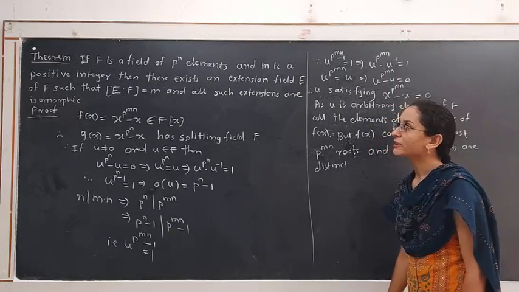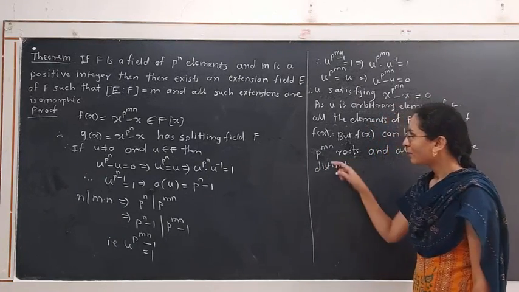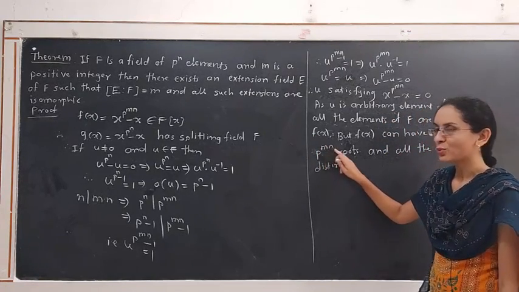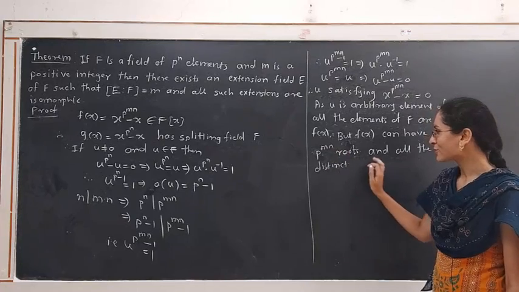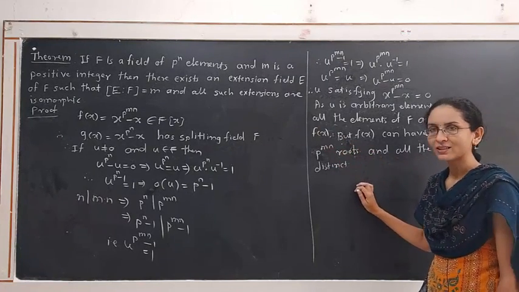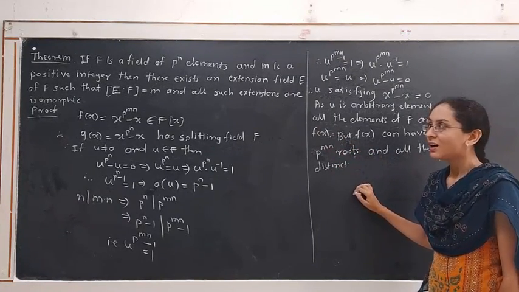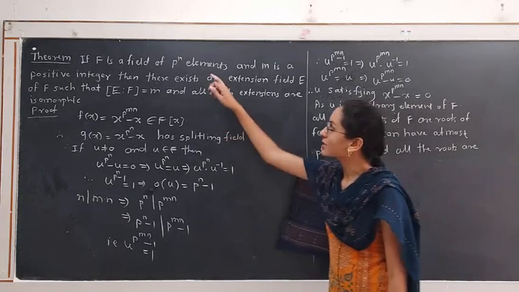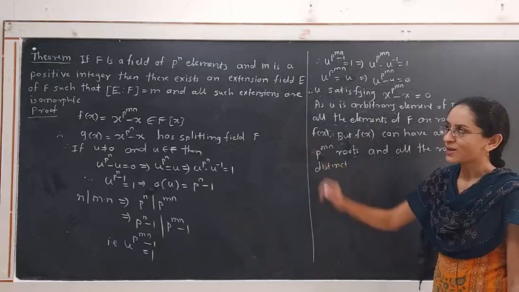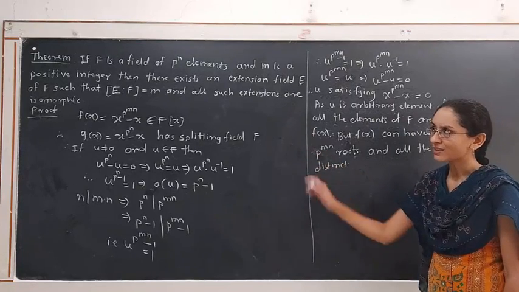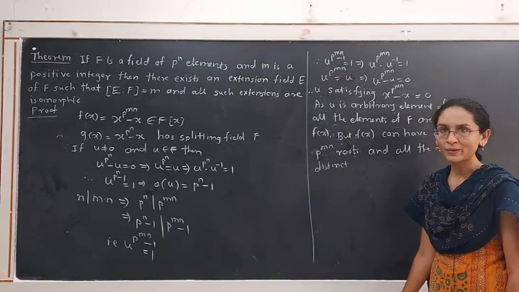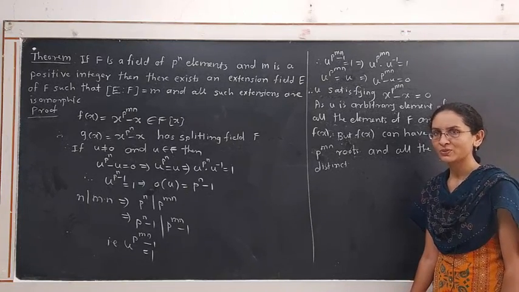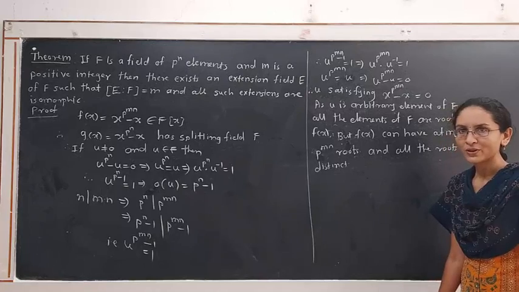See, F is a field with p raised to n elements, but f(x) has at most p raised to mn roots, and all the roots of the polynomial f(x) are distinct. Hence, we get an extension of the field F. Because F contains only p raised to n elements, this polynomial has degree p raised to mn that can have at most p raised to mn roots, but we know all the roots are distinct. Hence, we get the extension of F that contains all the roots of f(x).